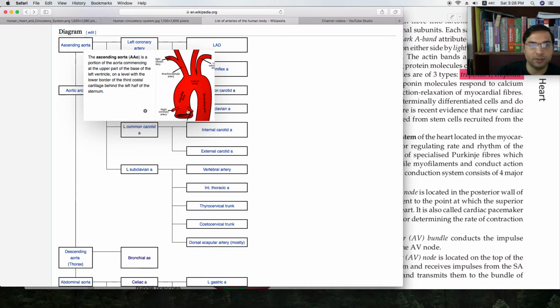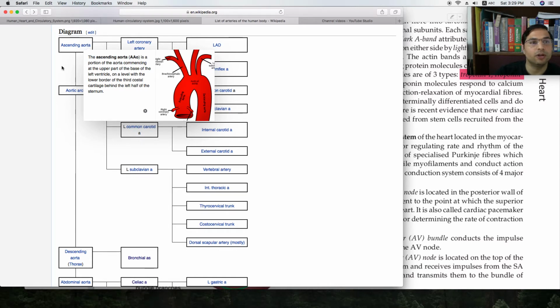So the first branches which this ascending aorta gives are right coronary artery and the left coronary artery, right? Left coronary artery and the right coronary artery, which supplies the blood to the myocardium, which supplies the blood to the heart itself, right? These are called as pericardial blood vessels, the right coronary artery and the left coronary artery, right?